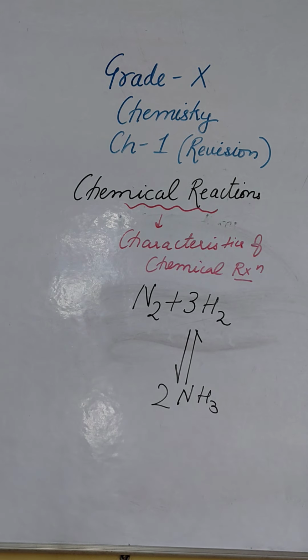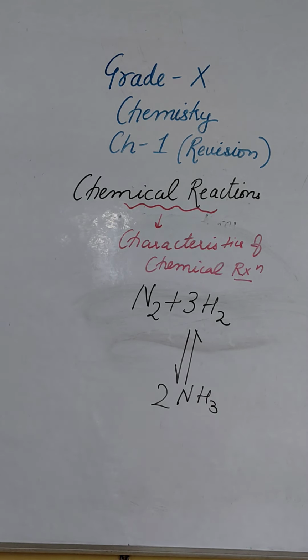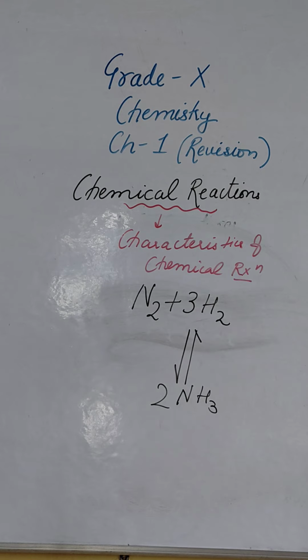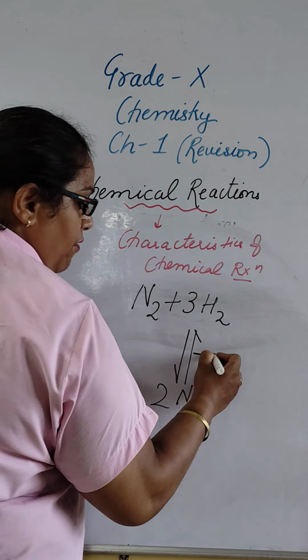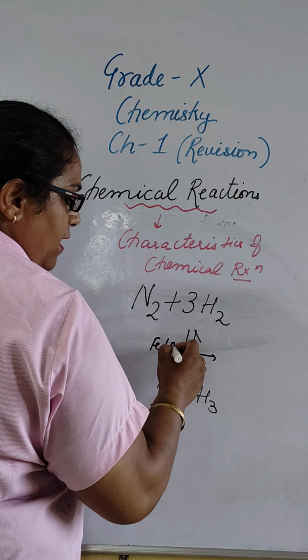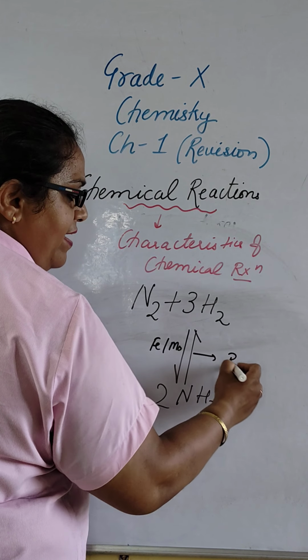If I ask what are reactants, what are products, and what this double arrow represents: this double arrow represents a reversible reaction.